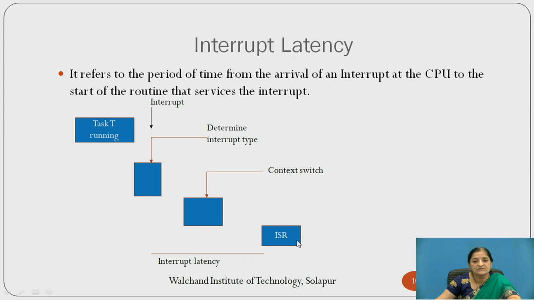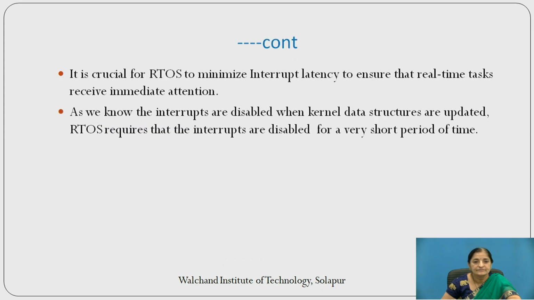So here the interrupt service routine starts executing. Now the time period between the occurrence of the interrupt and the time where the interrupt service routine starts executing, that is called as interrupt latency. And for RTOS systems, it is always expected that interrupt latency should be as minimum as possible. So it is crucial for RTOS to minimize interrupt latency to ensure that real-time tasks receive immediate action.